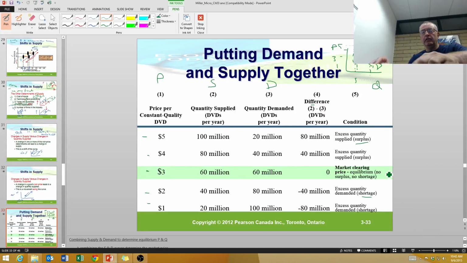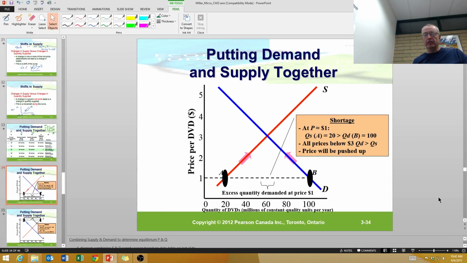And then the forces of supply and demand work to eliminate any surpluses or shortages in the market, and the price and quantity gravitate to the so-called equilibrium price of $3 in our example here.